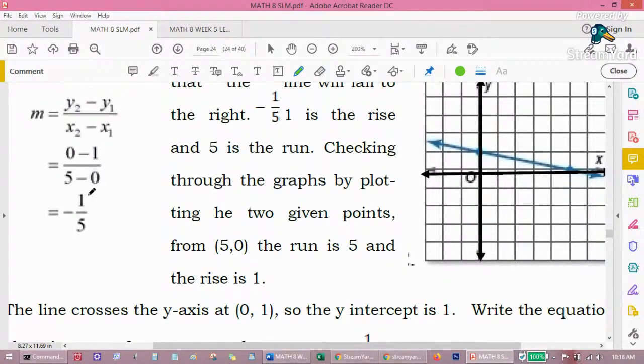Sabi, ang slope is negative 1 over 5. So, pag sinabing negative, ibig sabihin, kaiba ang sign ng numerator at denominator.